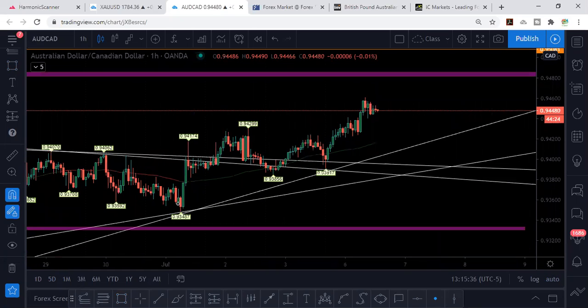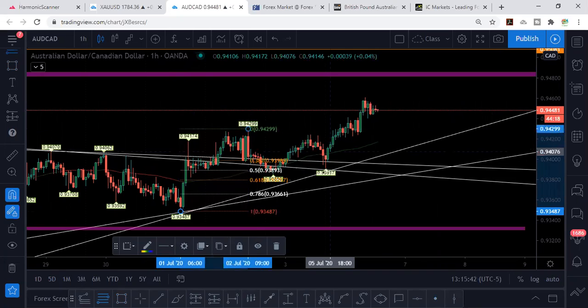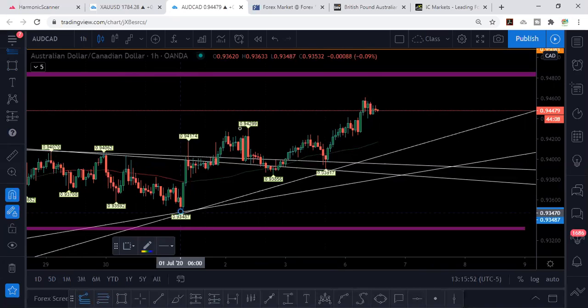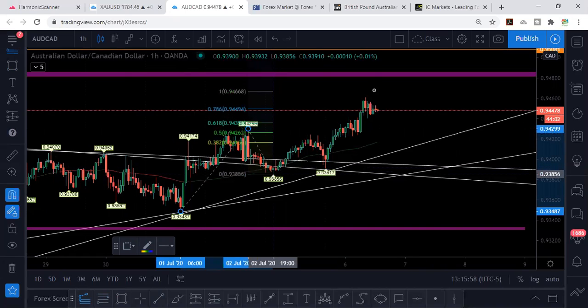You can use your Fibs again here. It broke there, so it should be a buy continuation there. Use your extension to see where it's going to extend to. Go extend it somewhere here. We're still kind of in a buy.